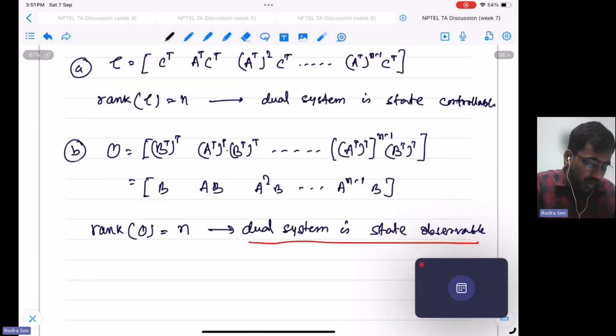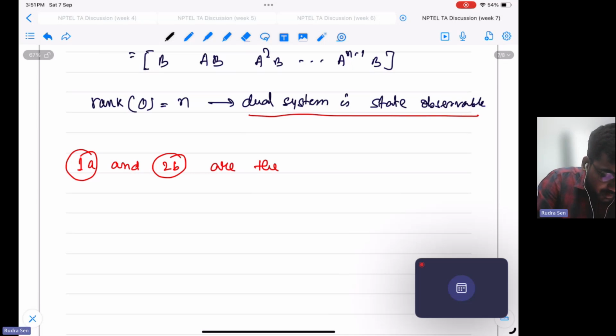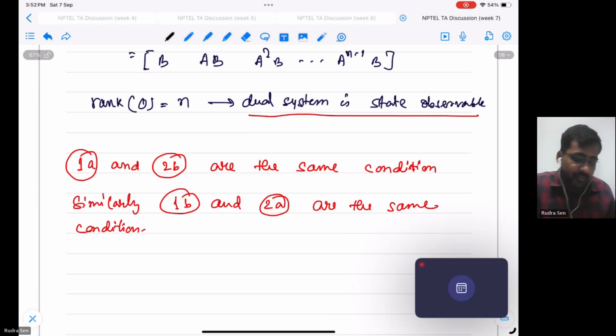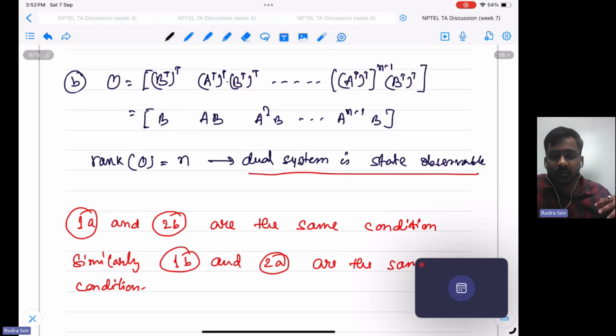That means if the dual system is state observable, then the system is state controllable. Similarly, 1B and 2A are the same condition. So it is quite obvious that these two are the same condition, meaning one is possible when the other is possible.